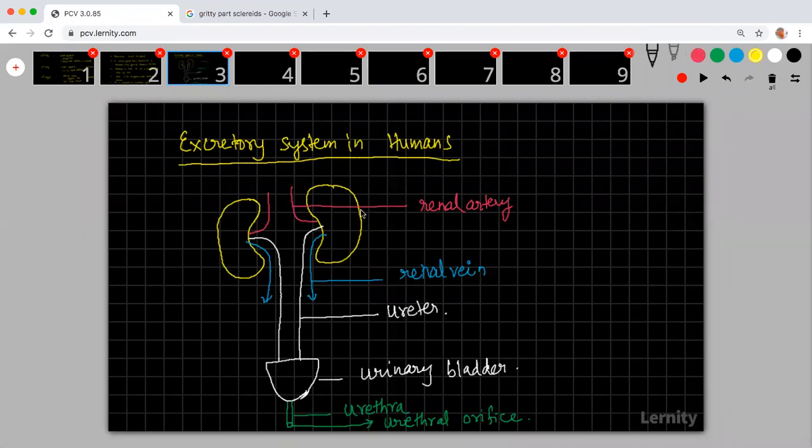And this bean shaped structure is what we call it as kidney. So quickly take down this diagram.